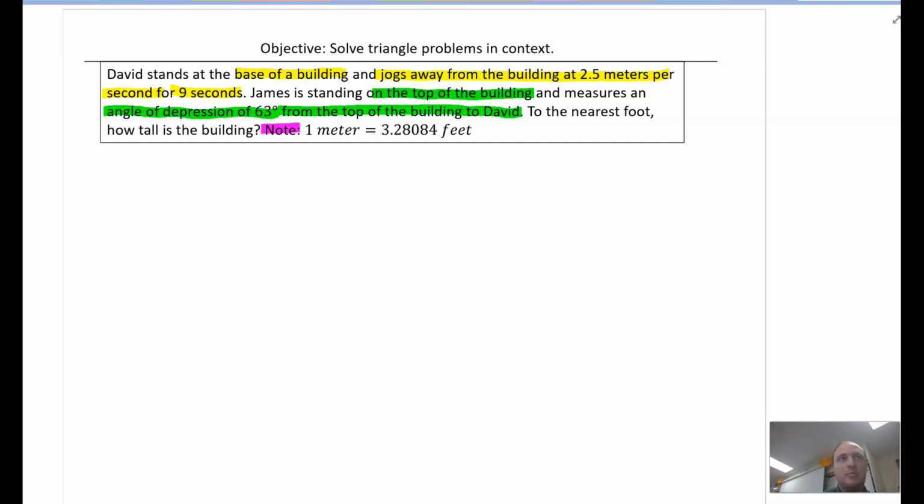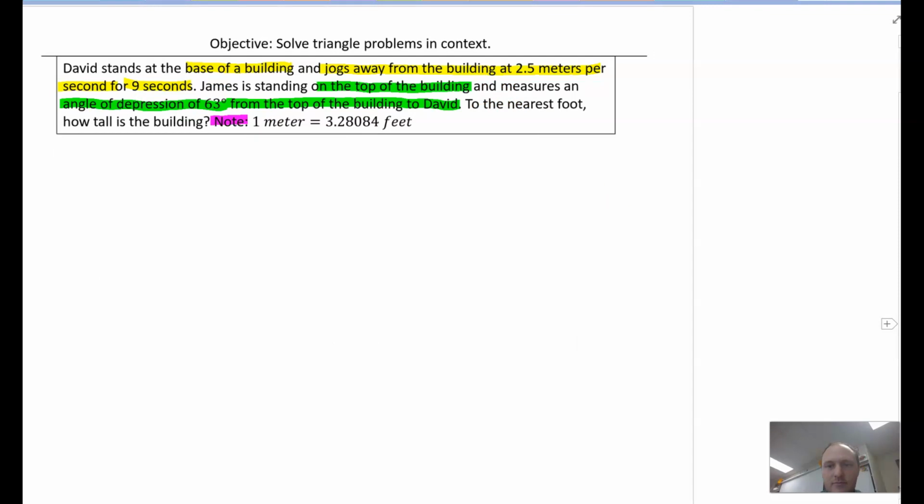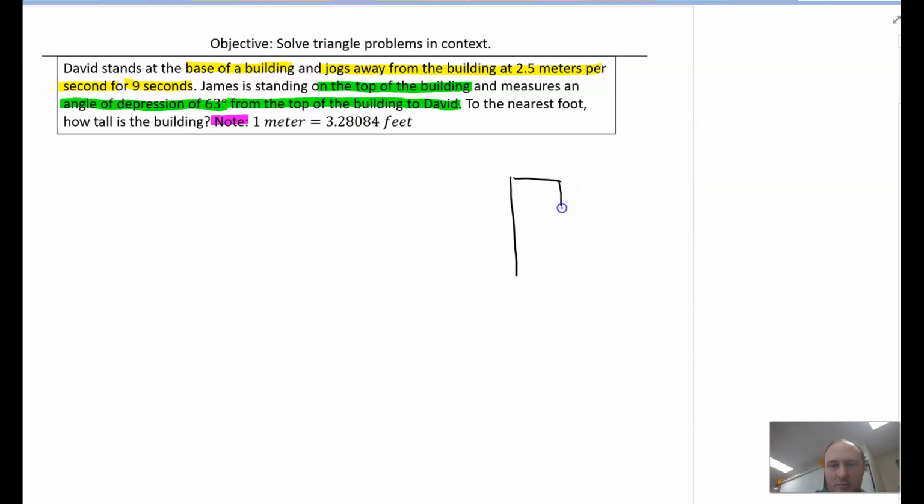Okay, so step one, I need to make an image. So I have a building. Here is my building. Isn't it beautiful? James is on top, and he's measuring an angle of depression to David.